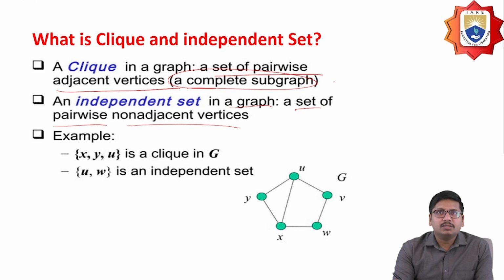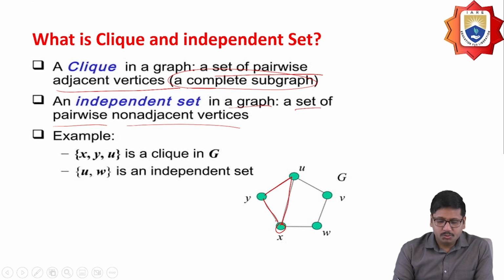For example, here we have x, y, and x, w, x, y, u.